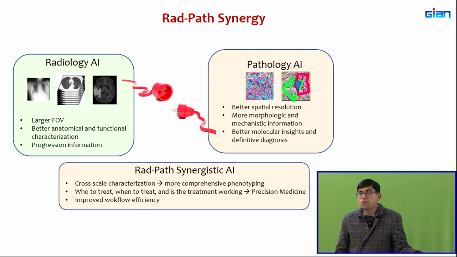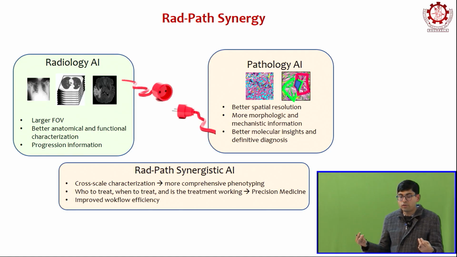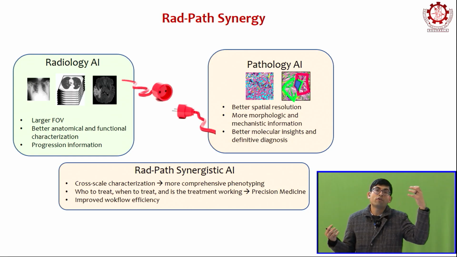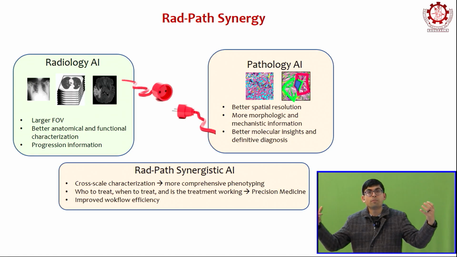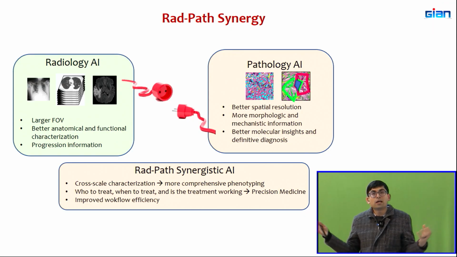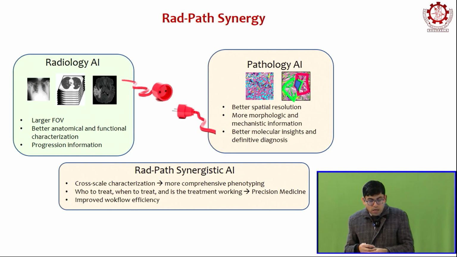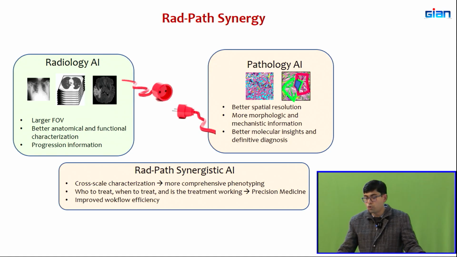So finally, we would want to get to a rad path synergistic AI where we can do true cross-scale characterization, which can lead to a more comprehensive phenotyping. You have imaging information, pathology information, and omics information, like transcriptomics data. You can combine all of this data to come up with a more holistic description of what that disease is. And eventually, we hope that it can lead to improved workflow efficiency.